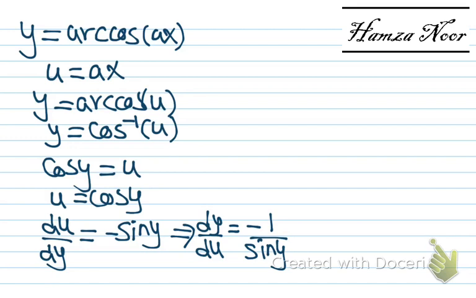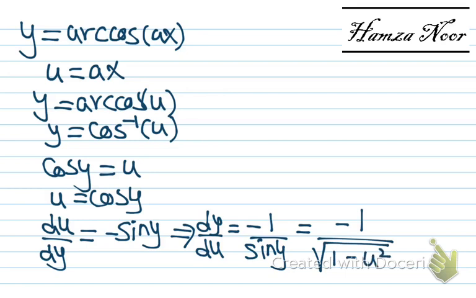And according to the previous example, I've explained to you that in place of sine y you can write under root of 1 minus cos squared y, and since cos y in the previous example was equal to x, in this case cos y is equal to u. So you can say that dy over du is equal to minus 1 over under root of 1 minus u squared.